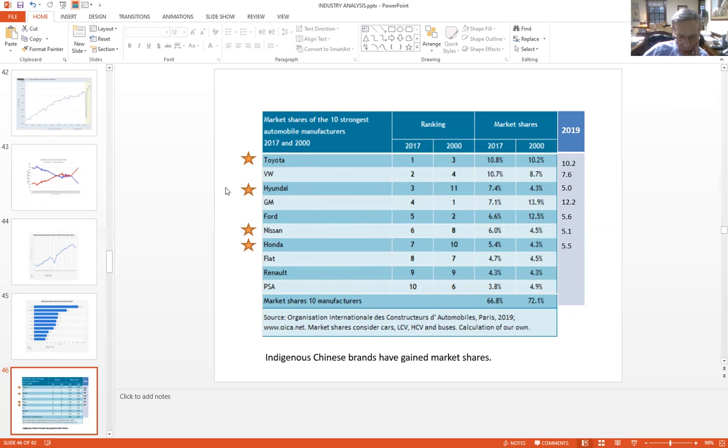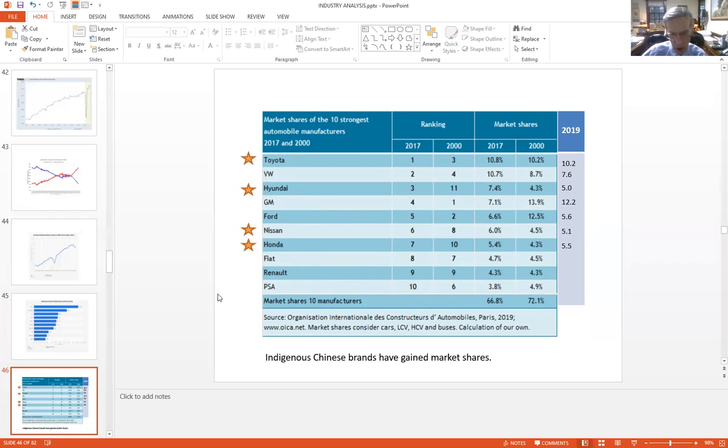You may have noticed the stars here. Have you figured out what these stars indicate? Each one of these is an Asian country: Japan, Korea, Japan, but not the U.S. There are General Motors and Ford. Volkswagen, of course, is Germany. And these down at the bottom are also European.